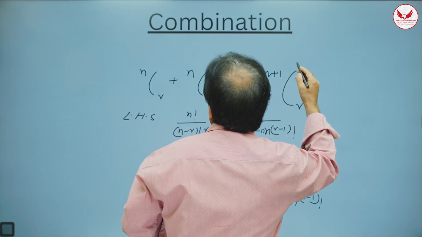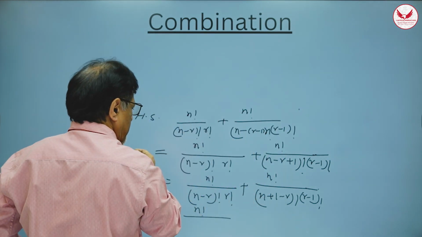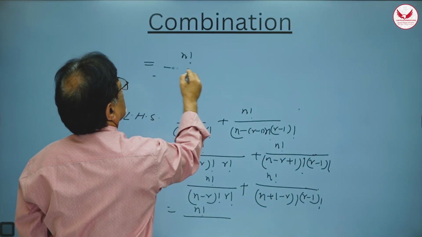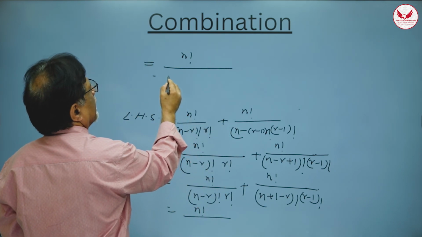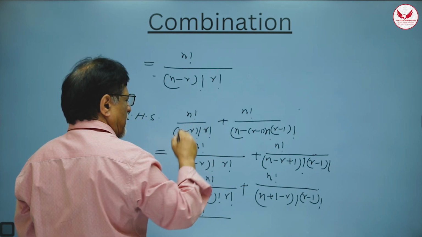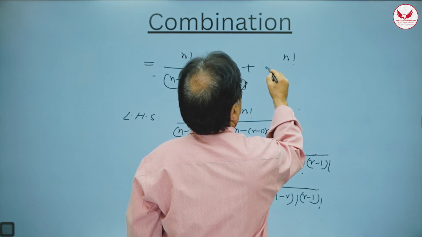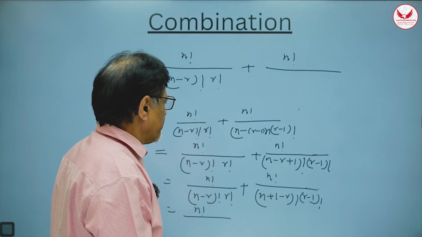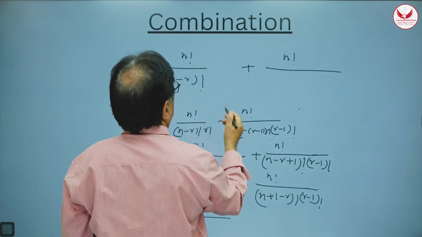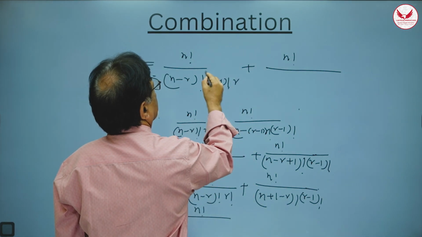So I'll write it here. Okay, so I'll write it like this. See, this is nothing but n factorial divided by (n minus r) factorial into r factorial. I have not changed anything here. And here it is n factorial divided by, okay. Wait a minute. I'll just do one more thing here. This r factorial can be written as (r minus 1) factorial into r.